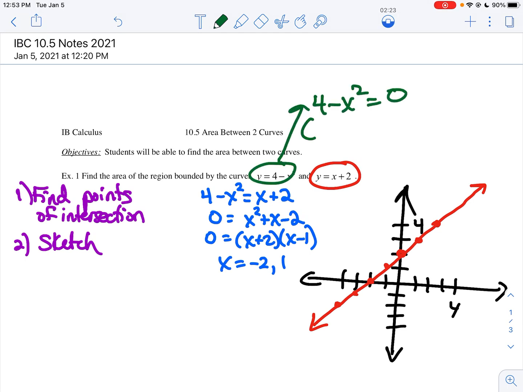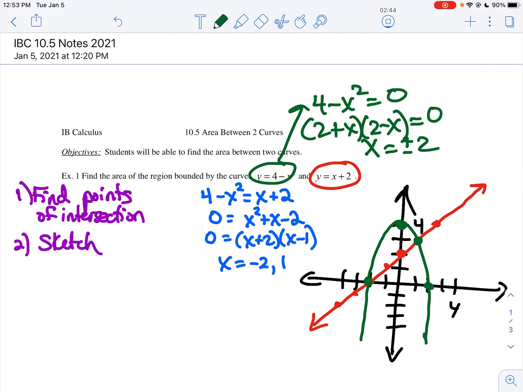If I set it equal to 0, I can find the x-intercepts would be at plus or minus 2. And then how about if I plug in x is 0? And then at x is 1, that was a point of intersection. So this one opens down. And so what I'm actually looking for then is the area bounded between. So it's right between here.